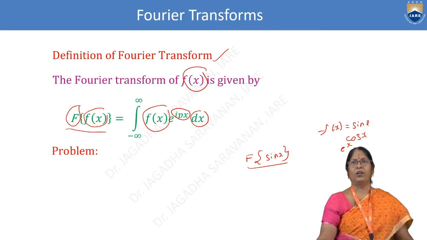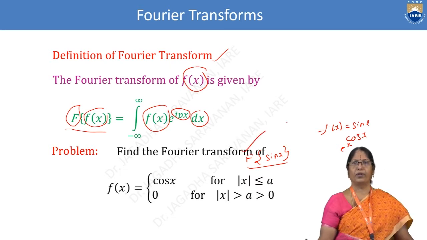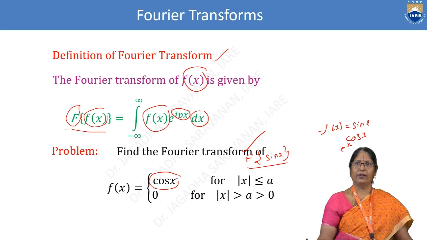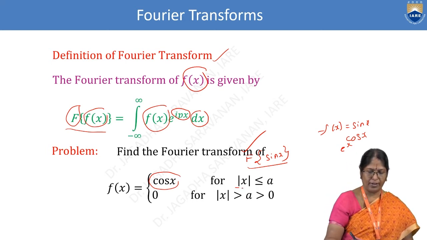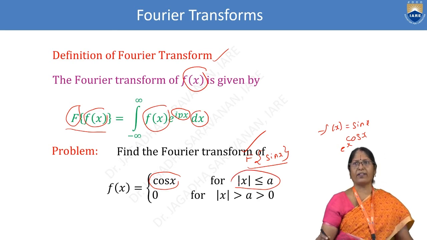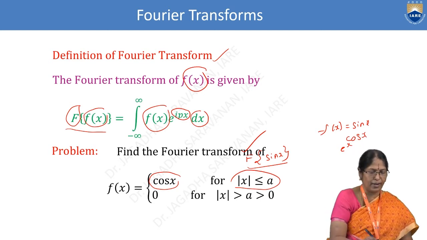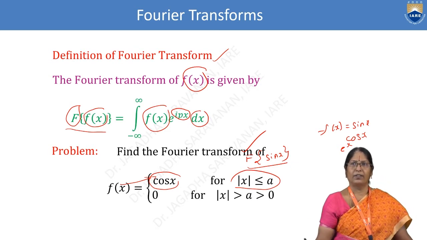So now we will concentrate on the problem. Find the Fourier transform of f of x, where the function is given as cos x with a condition. If mod x is less than or equal to a, then f of x is defined by cos x.